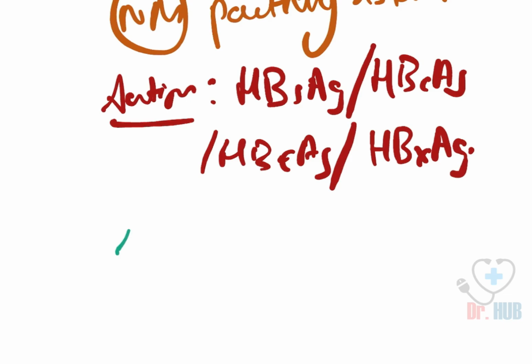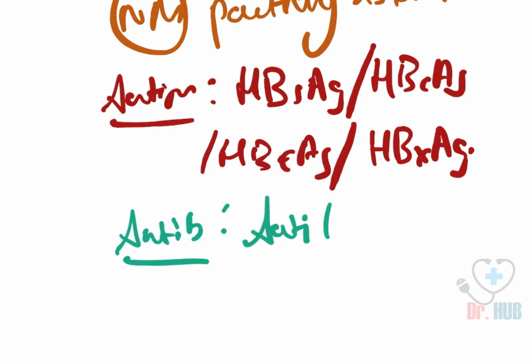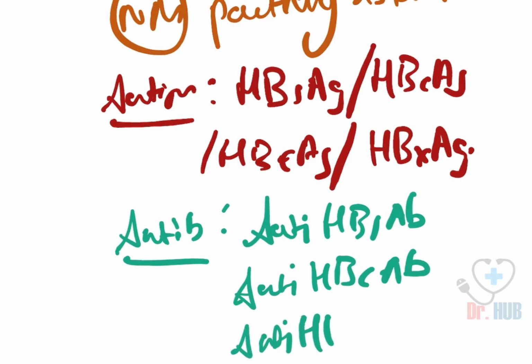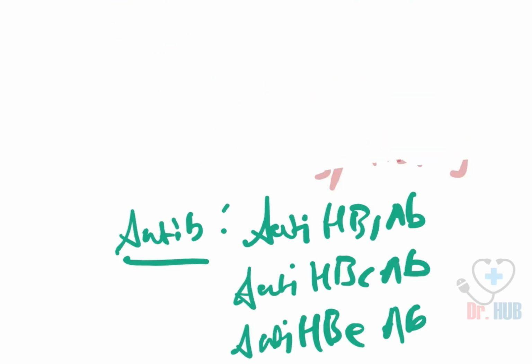Now we look at the antibodies. In case of the antibodies, it includes the anti-HBsAb, the anti-HBcAb, and the anti-HBeAb. Next, we jump to the routes of transmission.